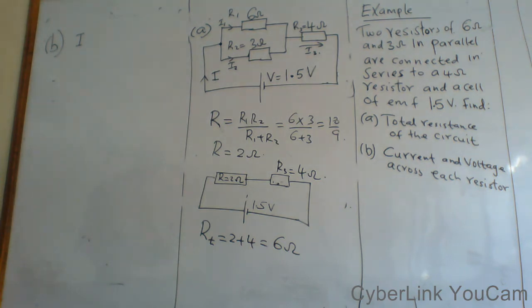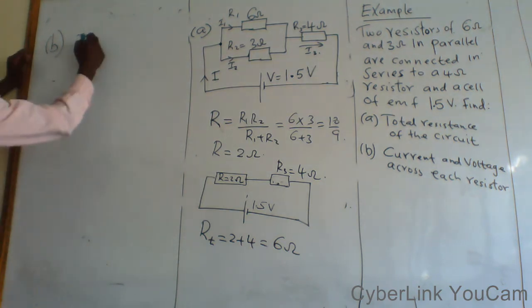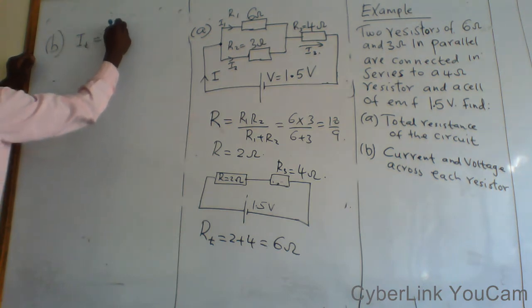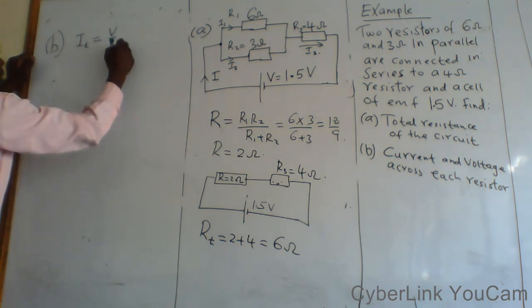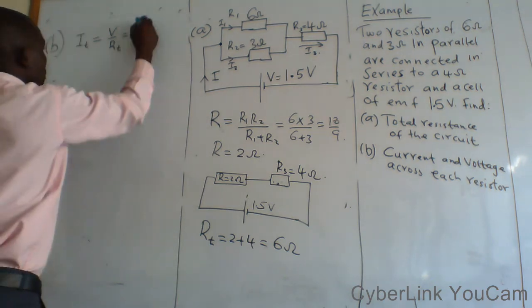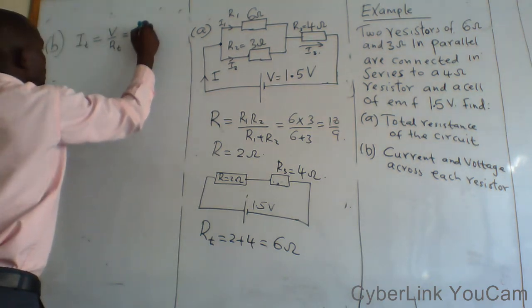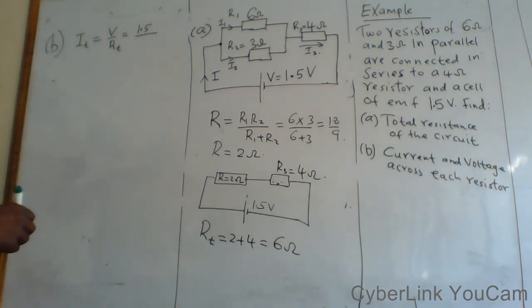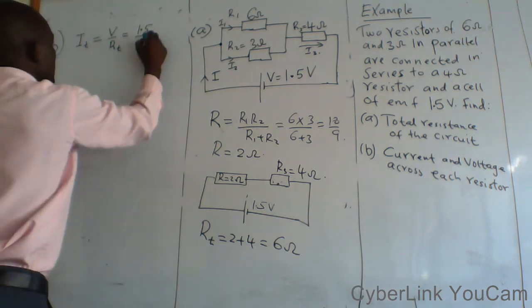The total current in the circuit, IT, will be given by V over RT, which will be equal to the total voltage in the circuit, 1.5, over the total resistance in the circuit, 6.